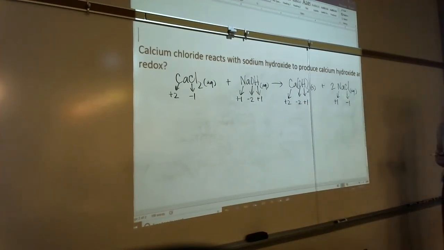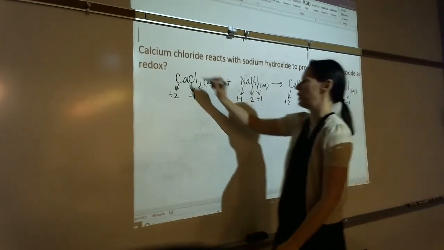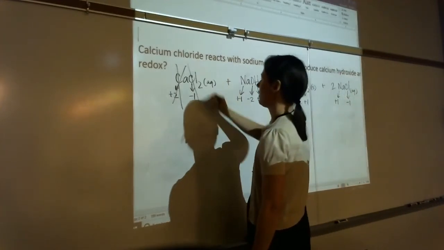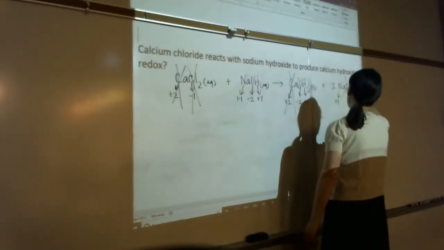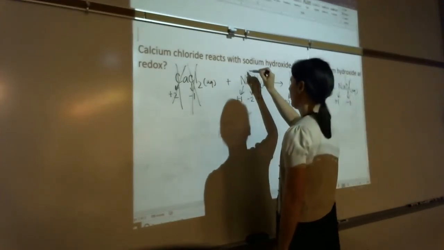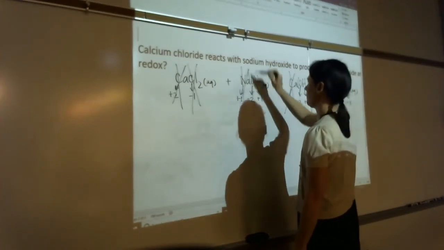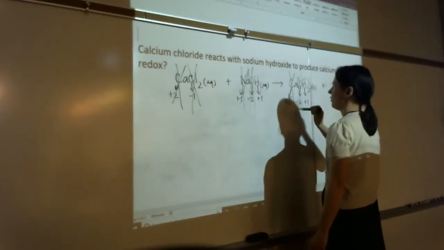Okay. Let's cross out the ones that do not change. Calcium starts as +2 and ends as +2. Chlorine starts as -1 and ends as -1. Sodium starts as +1 and ends as +1. Oxygen starts as -2 and ends as -2.